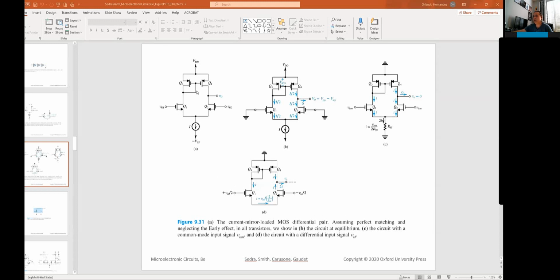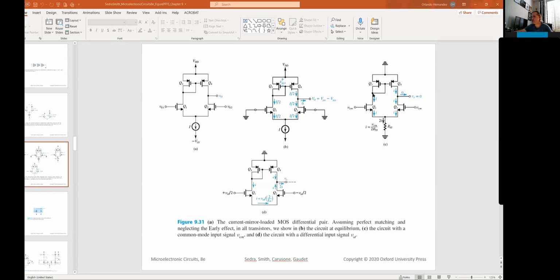So here, we're going to load a differential pair with a current mirror, and we're going to take a single-ended output from the Q2 half of the differential pair, okay?